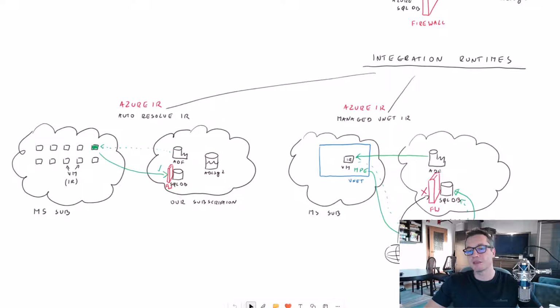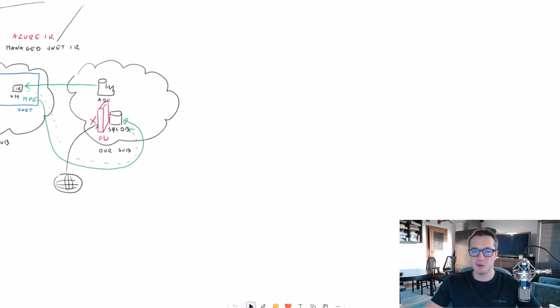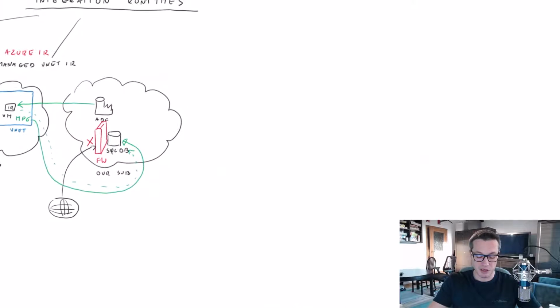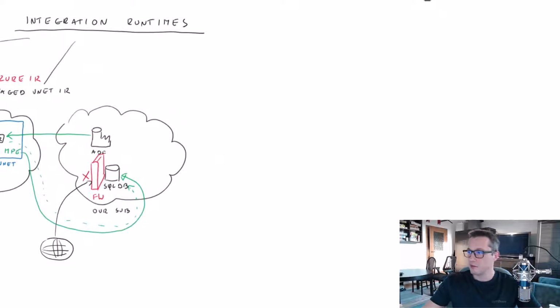Alright, so let's move on to different types of runtimes. There are two more types that I would like to cover today, and let's start with a simpler one that is called Azure-SSIS integration runtime. So let me write it down. Azure-SSIS integration runtime.